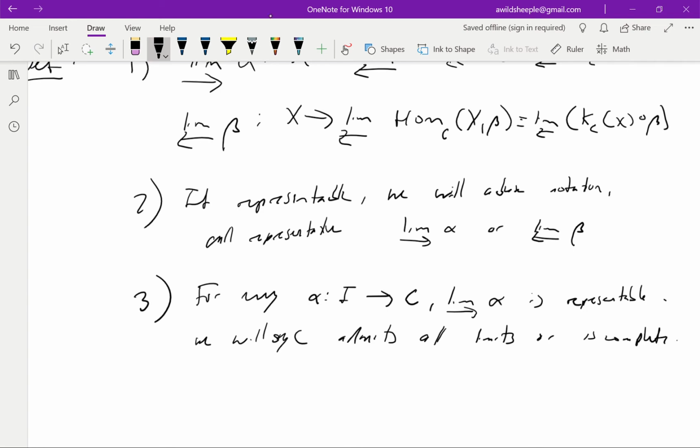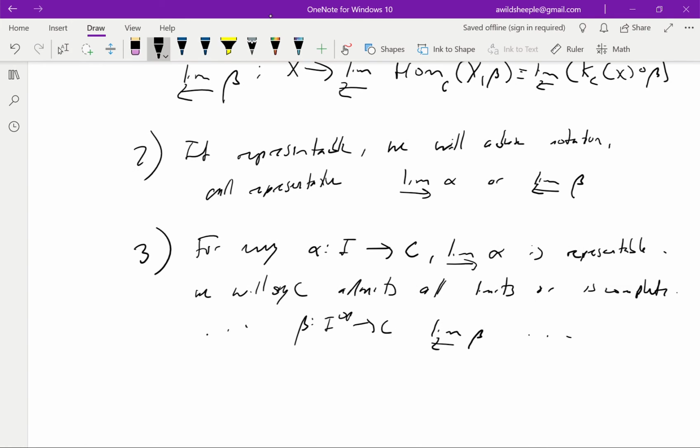And mutatis mutandis, if we do the same thing with βs, I op to C, then we'll say that C admits all colimits, or is co-complete.